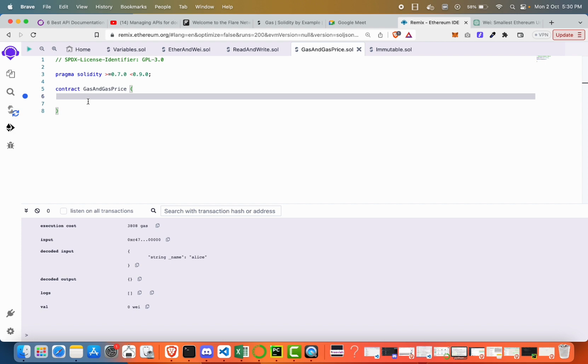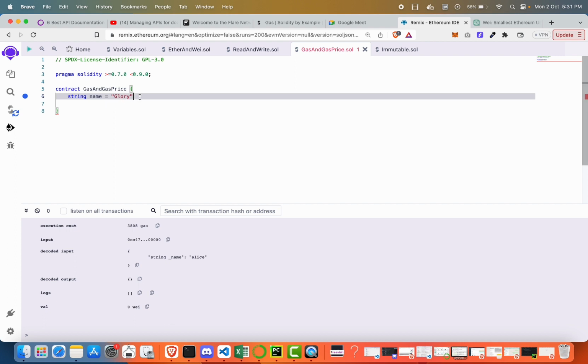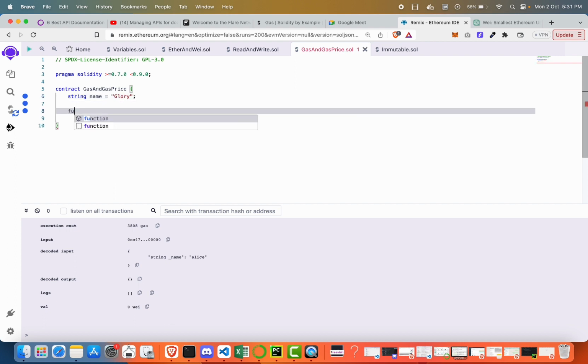So let's see some code, and then I'll go to the console to show you what the gas looks like. Let's say, for instance, I have a name called Glory, and then I create a simple function to set name.